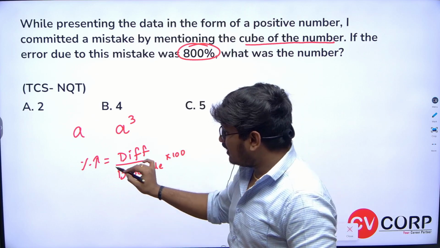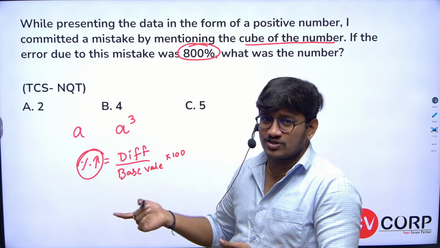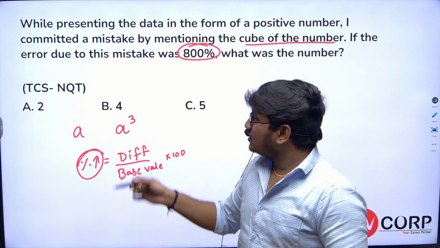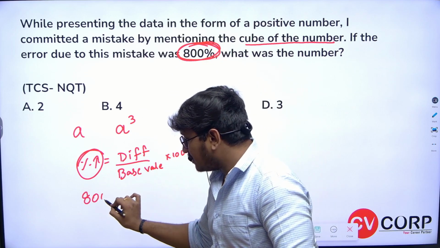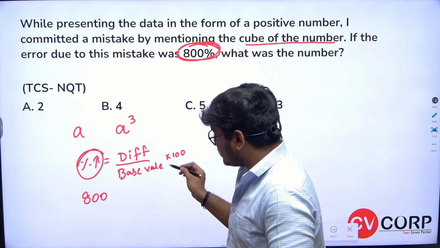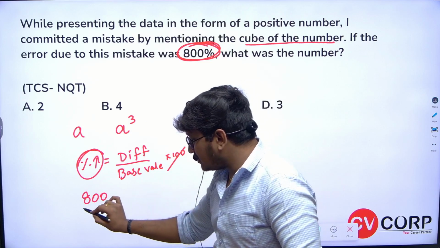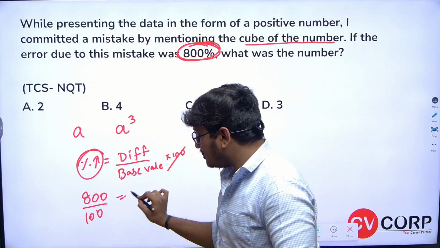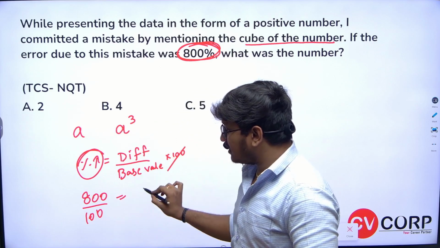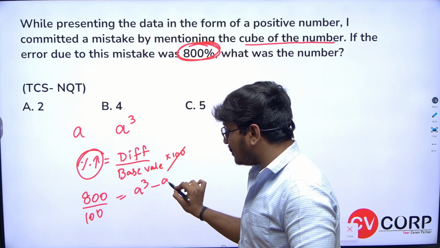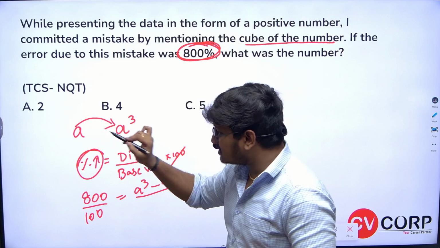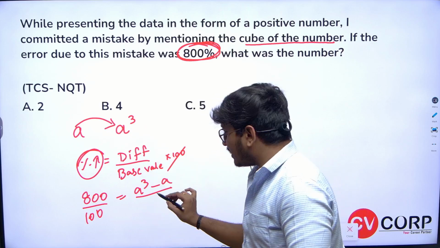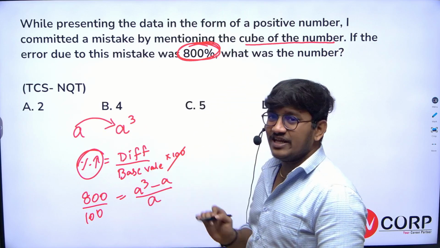Now the error, meaning the increase, is 800%. If I remove this 100, can I say 800 by 100 equals the difference, A cube minus A, divided by the base value, the value from which it is getting increased, from A to A cube. So it is getting increased from A.